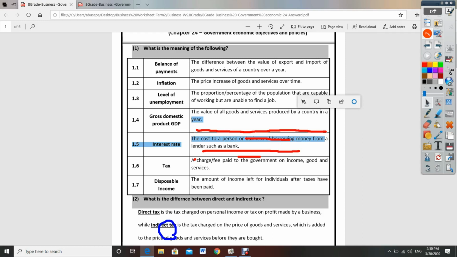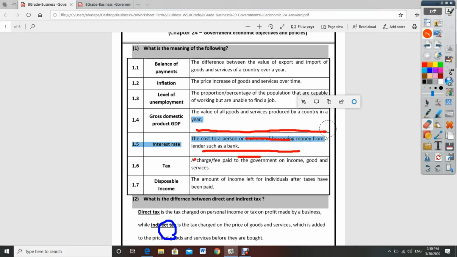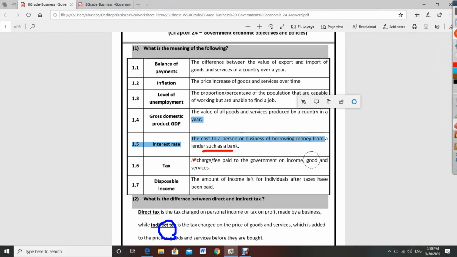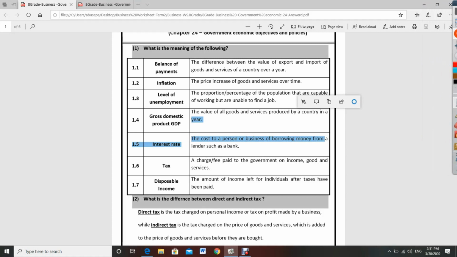So it needs money, and you have to pay the tax to the government. That's just one reason to pay tax. Disposable income means the amount of income left for individuals after tax has been paid.